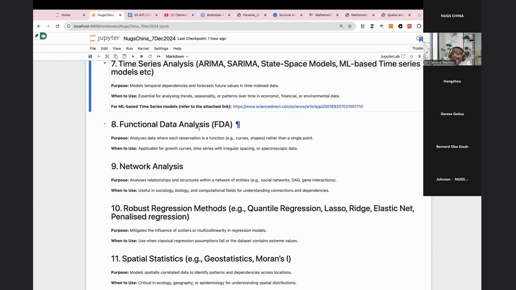I actually used this method in a competition in the UK. It was a competition organized by Innovate UK, which is like a government body that is interested in advancing research and helping academics collaborate with industry.